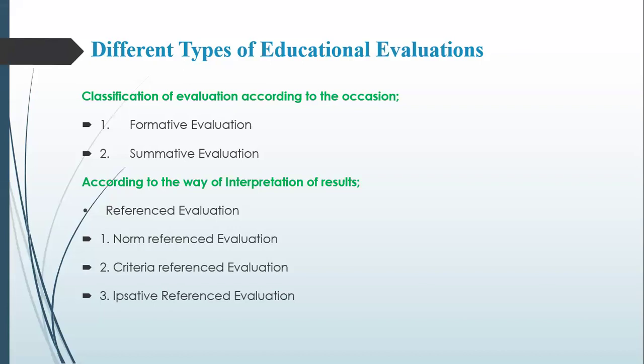So in ipsative reference evaluation, we don't use any norm, any reference level, or any criteria. We evaluate the student according to the self development of the student. That is called ipsative reference evaluation.